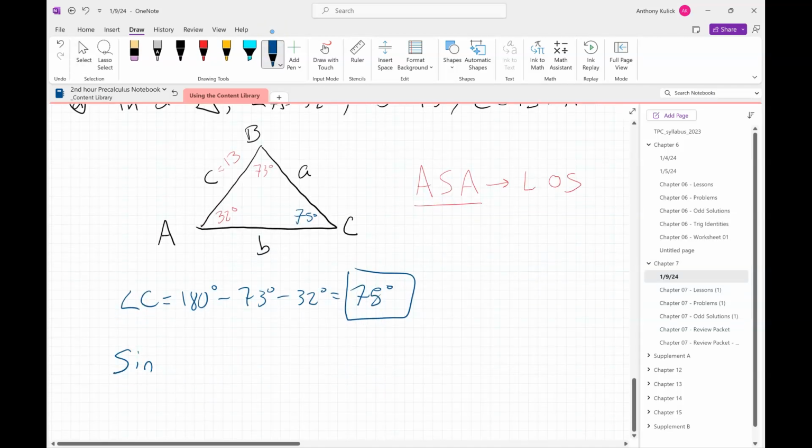So I'm going to start there. I'm going to start sine 75 over 13 equals, and then I'm going to choose. I'm either going to find side A or side B. In the case of an angle side angle problem, it does not matter which one I find first.